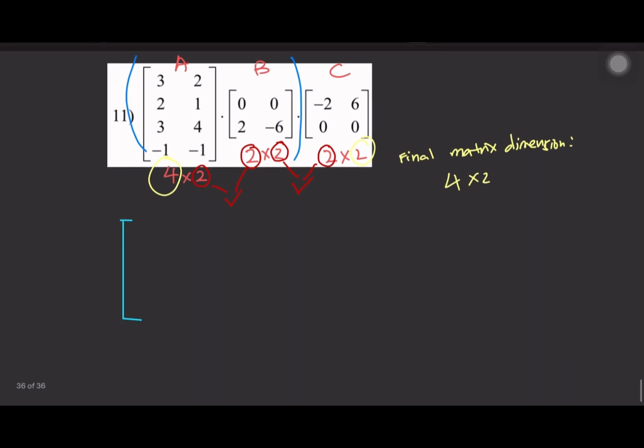So first, we take 3 multiplied by 0, A1, the first row multiplied by the first column: 3 times 0 plus 2 times 2. And the second one, 3 times 0 plus 2 times negative 6, which is the second column.